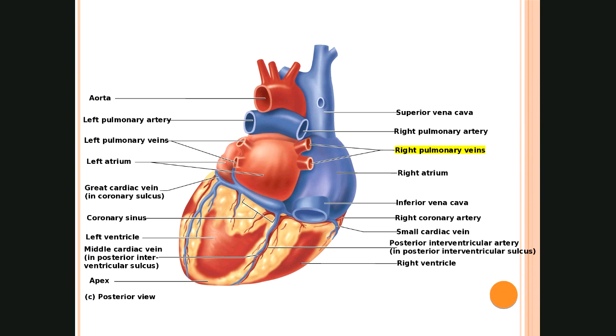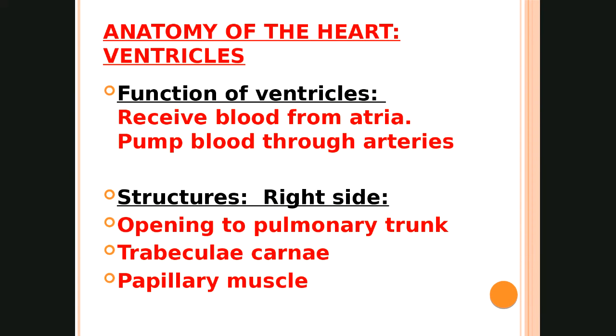These right and left pulmonary veins are better seen from the posterior view of the heart. You can really see all 4 of them clearly. All right, and now we're going to move on to the ventricles. The ventricles receive the blood from their respective atria, and they're going to pump the blood out through arteries.